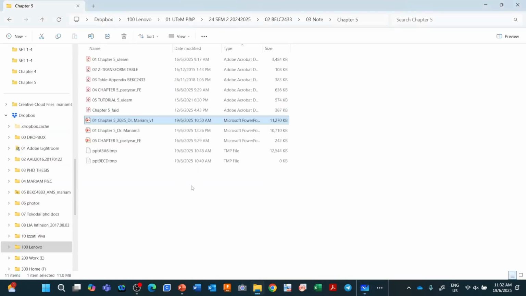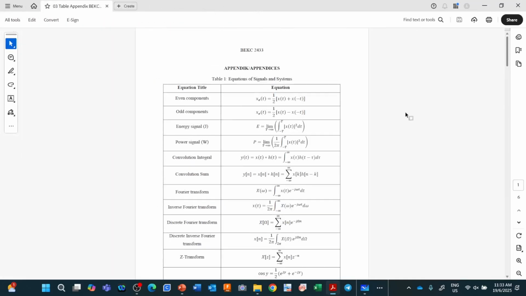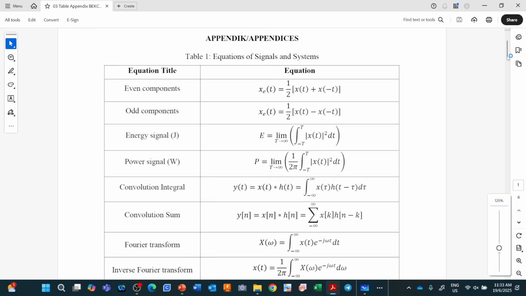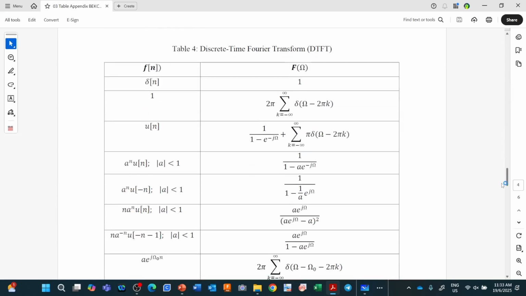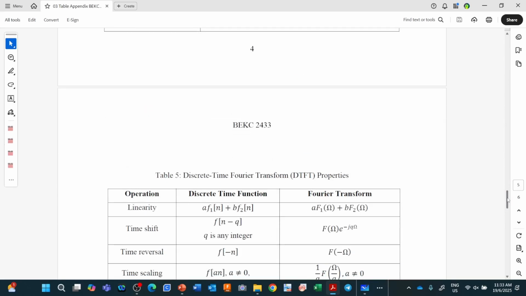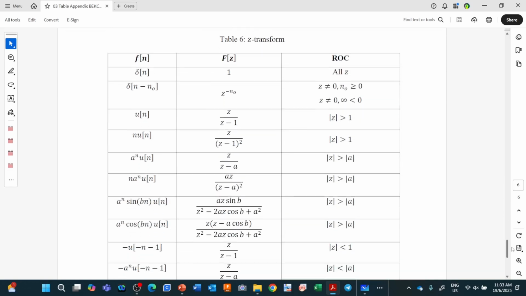table. So open the Z transform table. Okay, so this is the appendix. In the final exam, you will get this appendix, the whole thing. So be familiar with the appendix. Z transform.